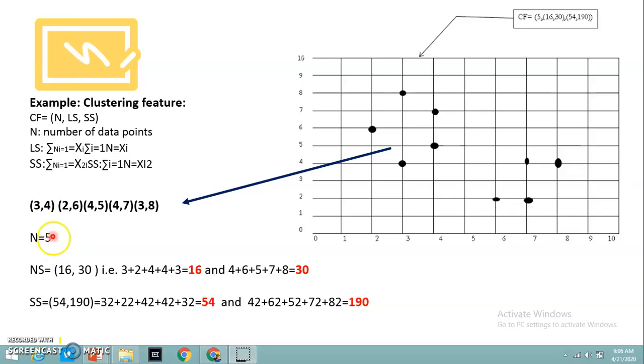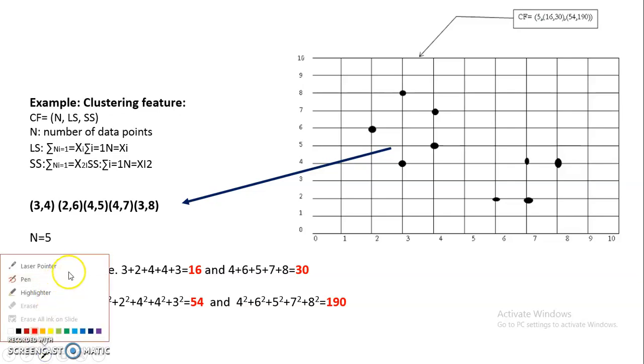N is 5 because the number of data points is 5. LS is the linear sum. First we sum the x coordinates, 3 plus 2 plus 4 plus 4 plus 3, that is 16. Then we calculate the sum of the y coordinates, 4, 6, 5, 7 and 8, that is 30.